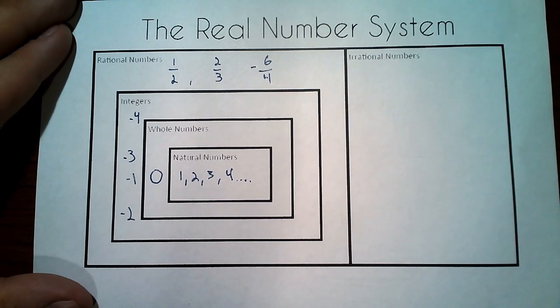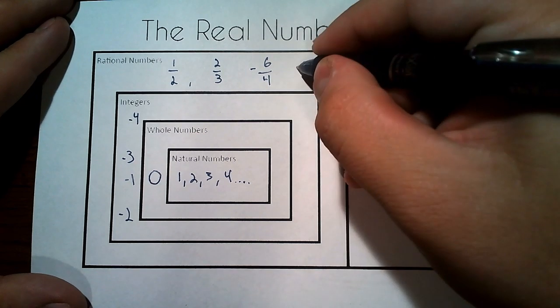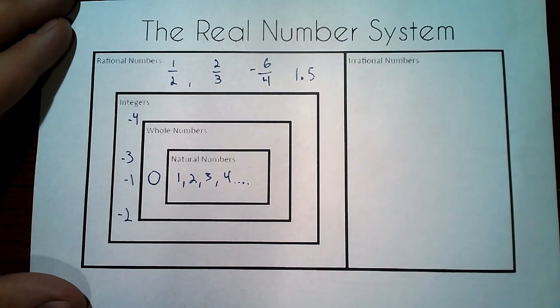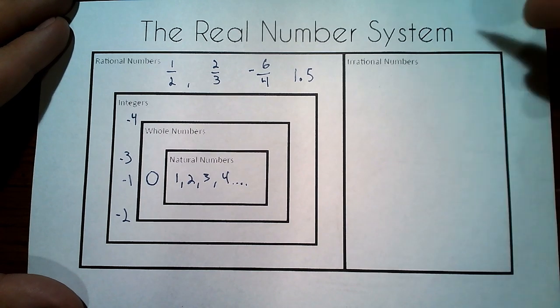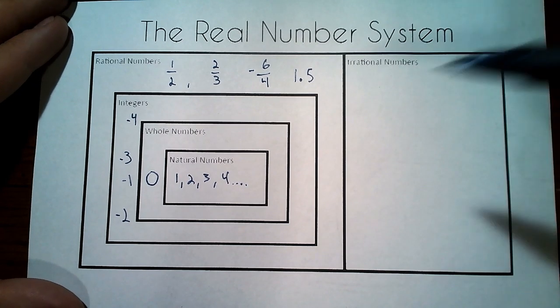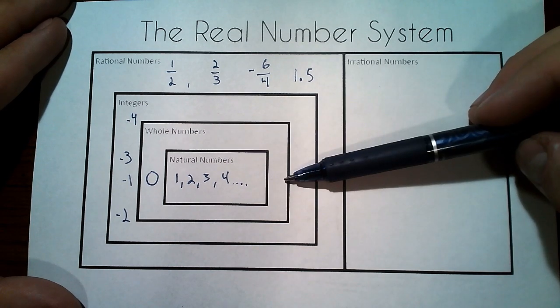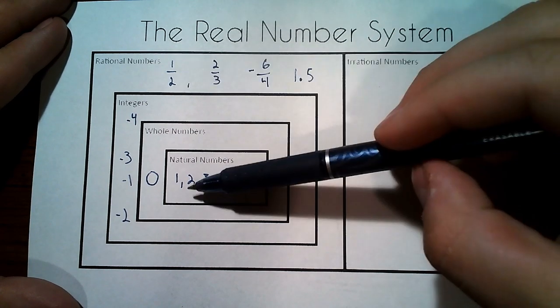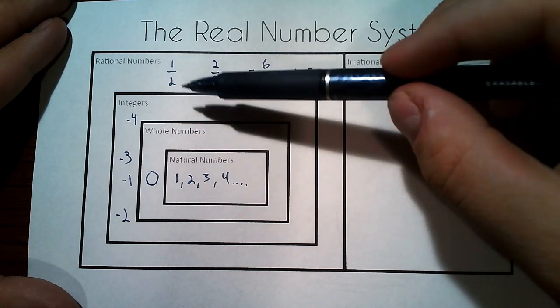Those are all rational numbers. Rational numbers can also be decimals, like 1.5. That's a rational number because it can be written as a fraction. So as long as you can write a number as a fraction, it's going to be rational. This 2 is a rational number because I can write it as 2 over 1.